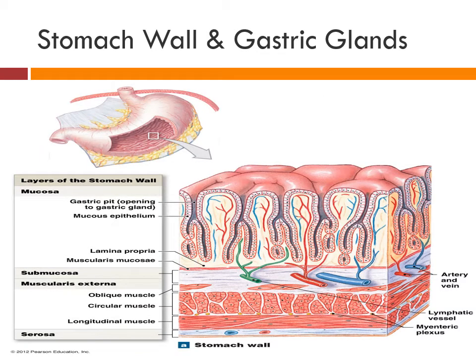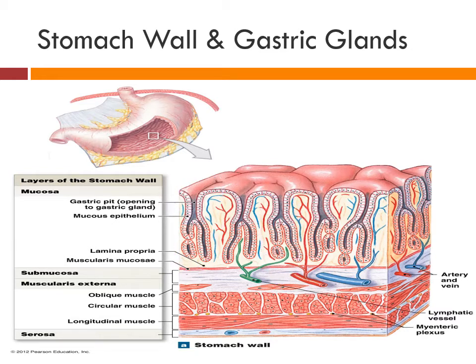The stomach wall here, we've got gastric pits, and these are each gastric pits, which are little involutions of the membrane. The gastric pits contain a lot of the cells that do the work of the stomach, the secretory cells.